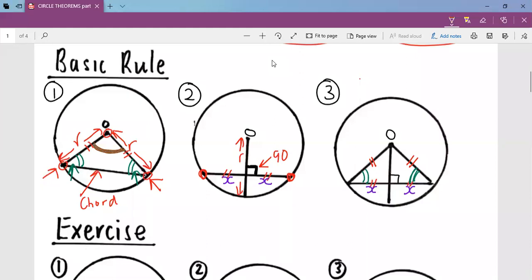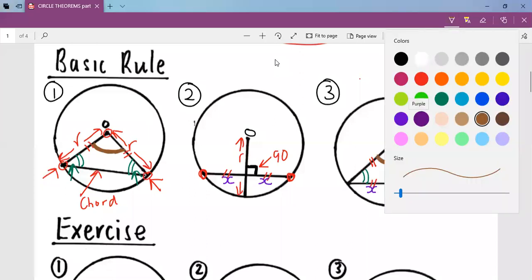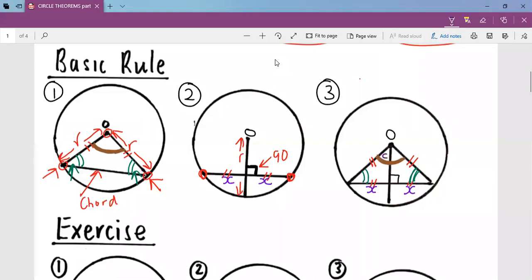Now, this angle which I'm marking brown, if you bring it to number 3 here, the law says that this angle will also be bisected into 2 equal parts.